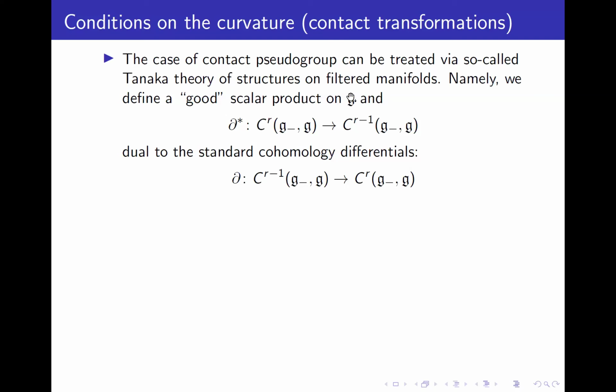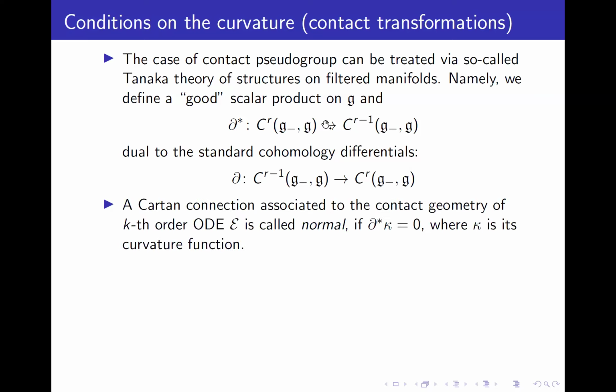This good scalar product can be extended to the elements of our complex, and then, as in the case of Hodge theory, we define a codifferential. The regular differential increases the degree of cochains, so the codifferential decreases the degree of cochains. And this is exactly the condition: d star kappa equal to 0 is exactly the condition we need.